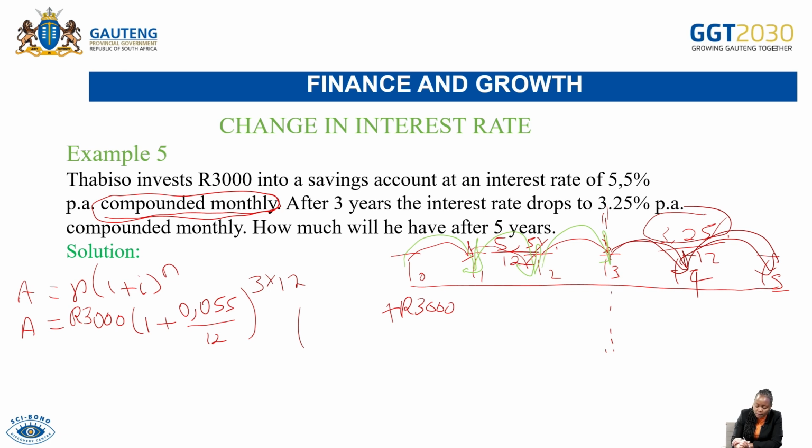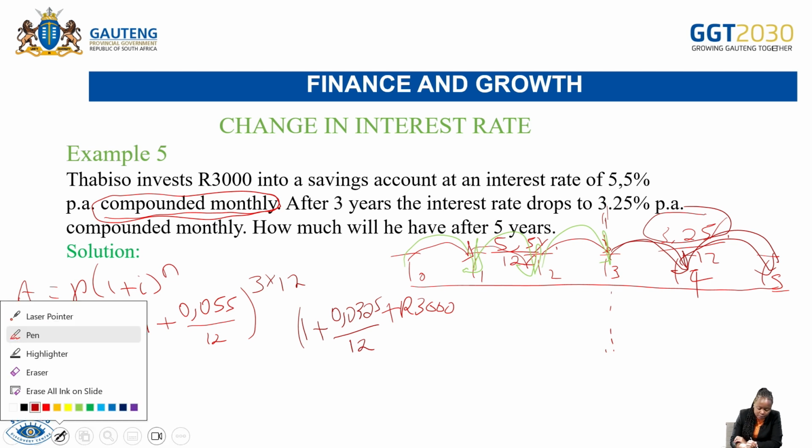So it's going to be 1 plus your i, it is 3.25. Don't forget, you can't just substitute it as it is. It's 3.25%, so you need to convert it to a number. So you'll say 3.25 divided by 100, then you get 0.0325. You divide it by the 12 because we said it was compounded monthly, right? Let me erase.